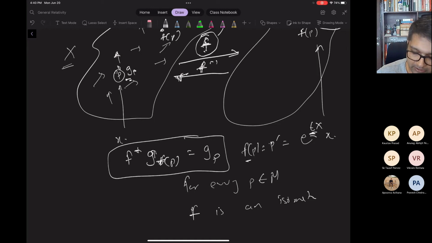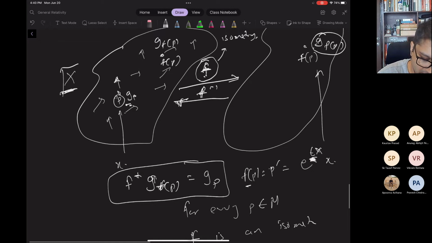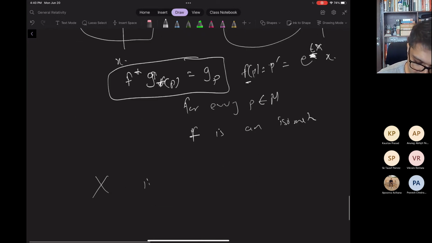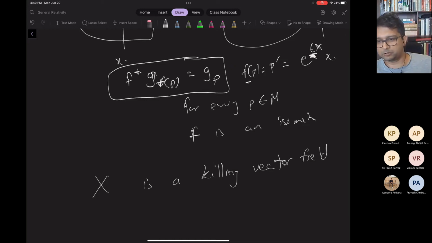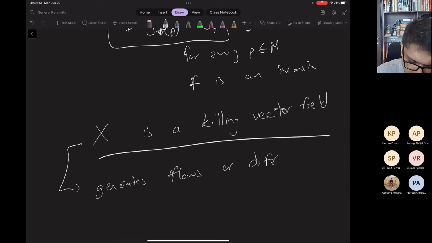Then we say that there is a particular generator of these flows, which is the vector field X, and we say that X is a Killing vector field, because it generates this family of diffeomorphisms which are isometries. It generates flows or diffeomorphisms which are isometries.